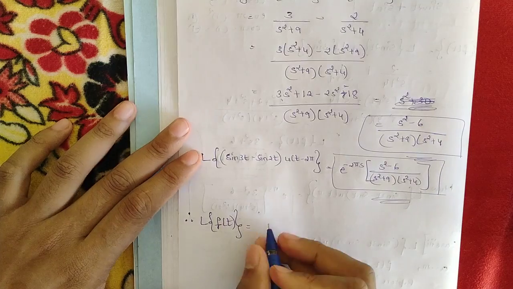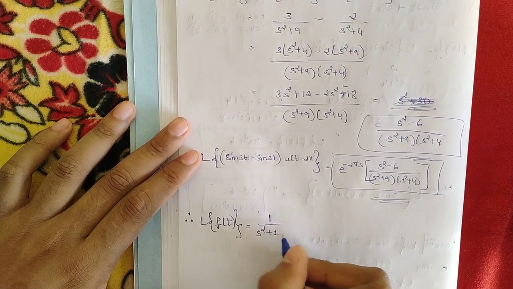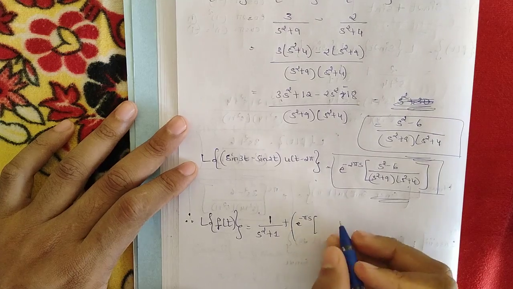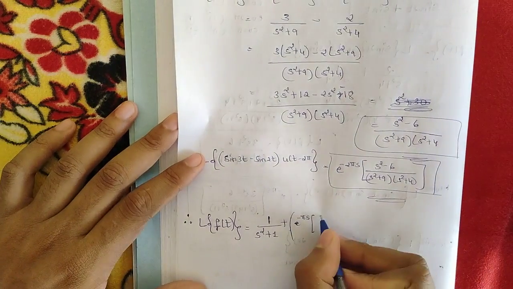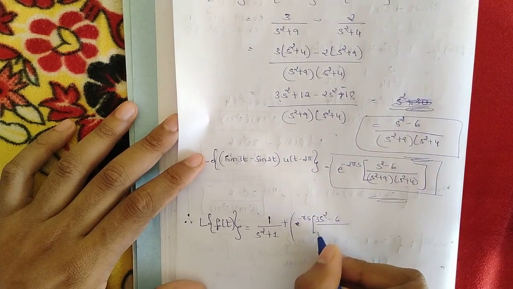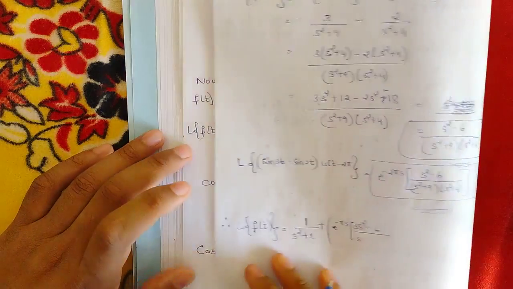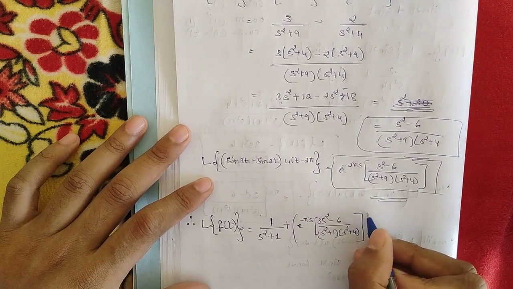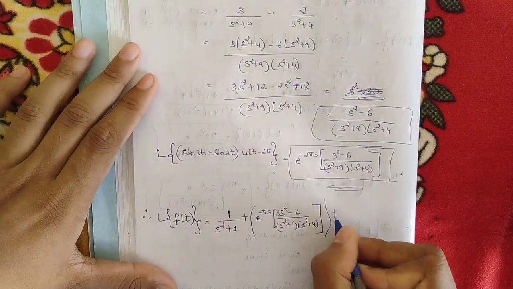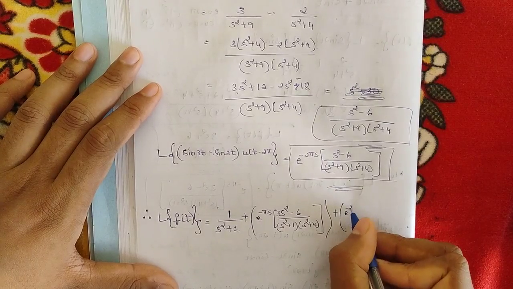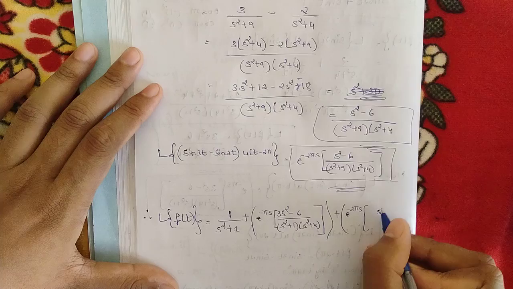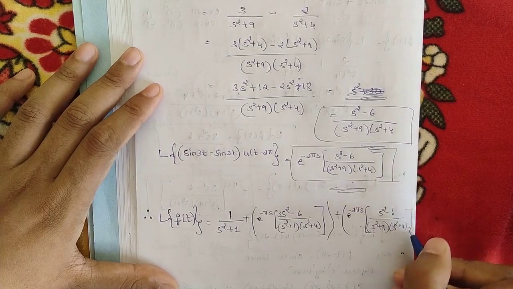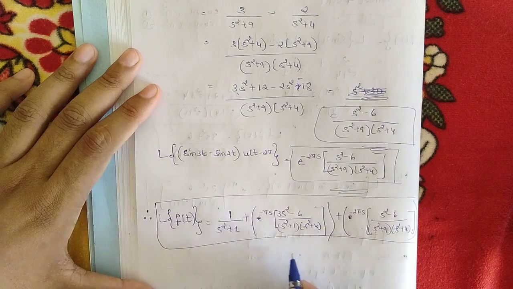That is L of f of t is equal to, first case we got 1 divided by s square plus 1, plus, for the second case we got e to the power minus pi s into (3s square minus 6) divided by (s square plus 1)(s square plus 4), plus this answer, that is e to the power minus 2 pi s into (s square minus 6) divided by (s square plus 9)(s square plus 4). So this is our required final answer.